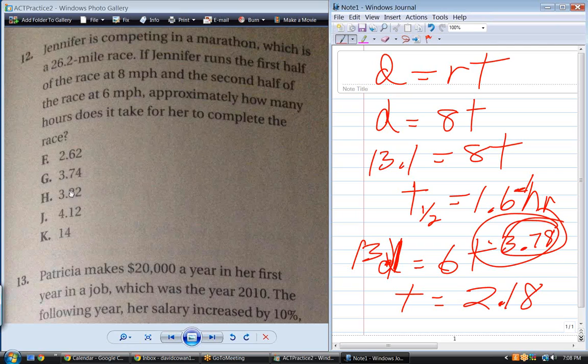And since anything bigger than 3.78 is closer to this than it is this, I'm going to take this answer even if I didn't have a calculator. In other words, just based on the information you gave me, 1.6 and 2.18, I know the answer has to be closer to 3.82.